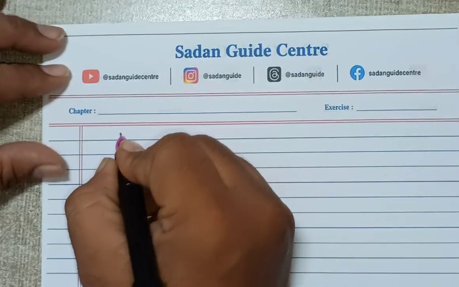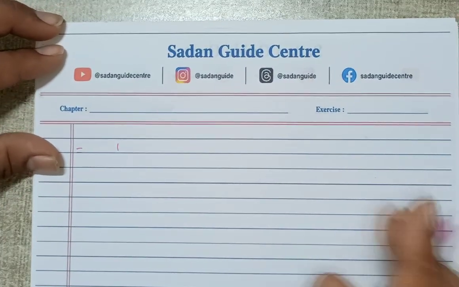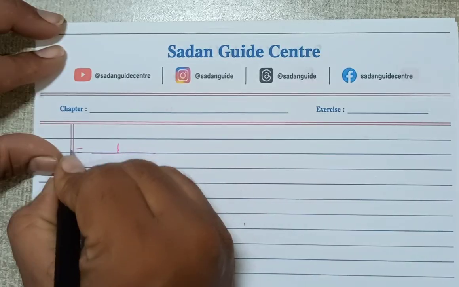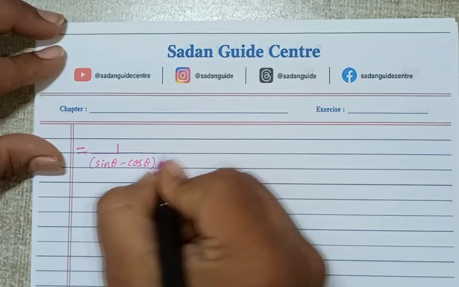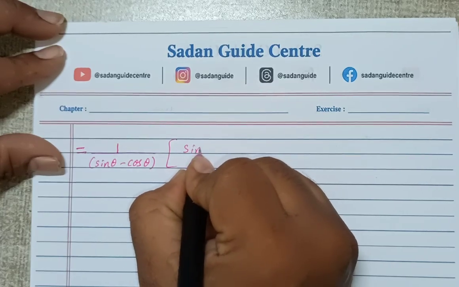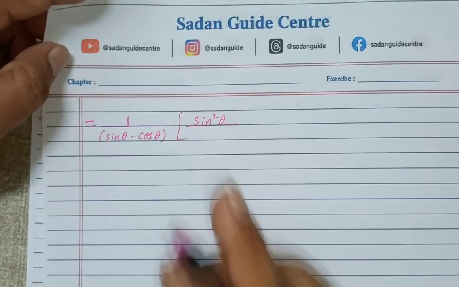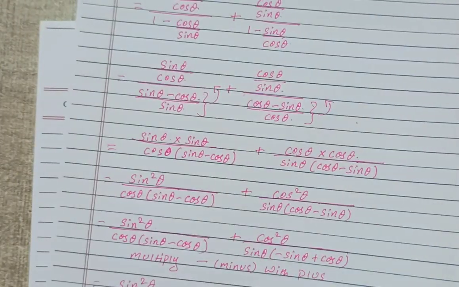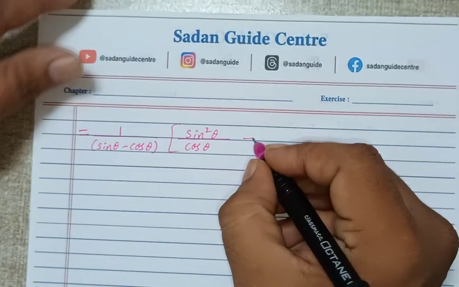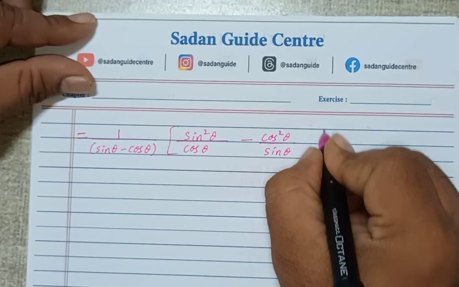That becomes 1 divided by (sin theta minus cos theta), into sin square theta divided by cos theta, minus cos square theta divided by sin theta.